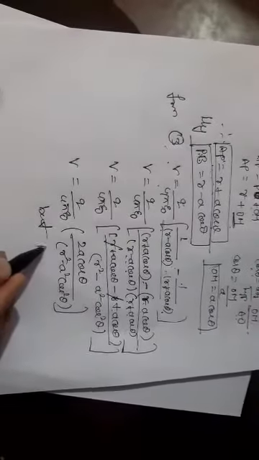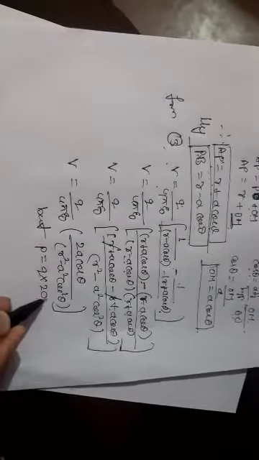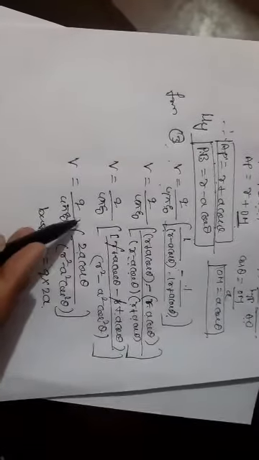But what is the definition of a dipole moment? The dipole moment is defined as the product of the magnitude of charge and the distance between the charges, the distance between the positive and negative charges, that is q into 2a. That is called dipole moment.